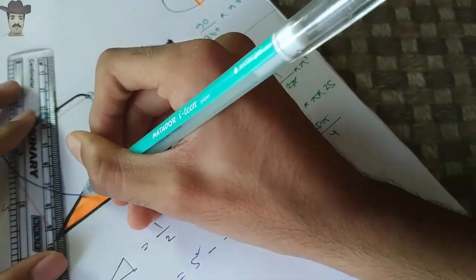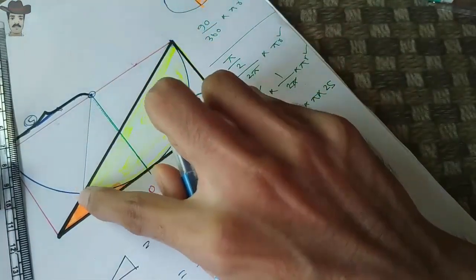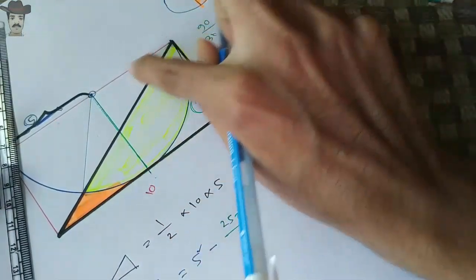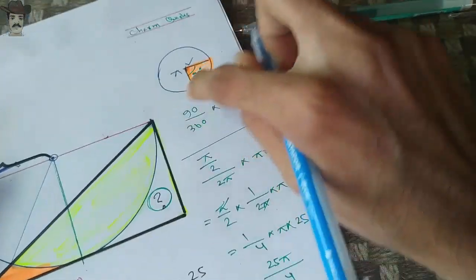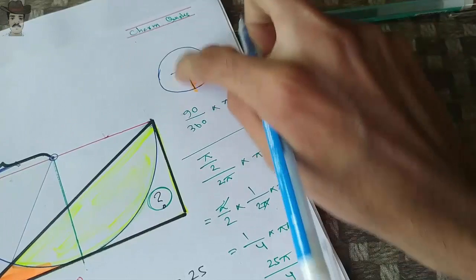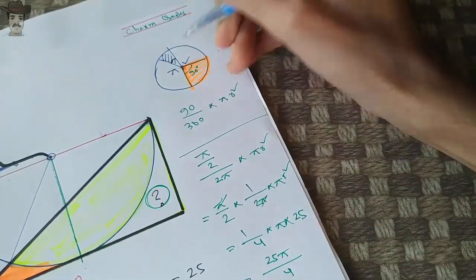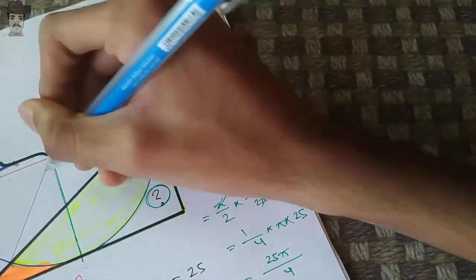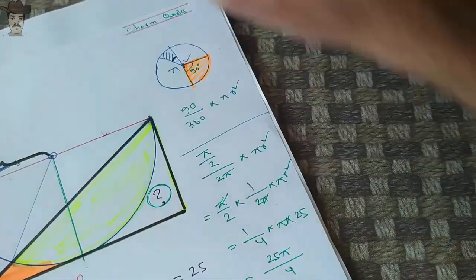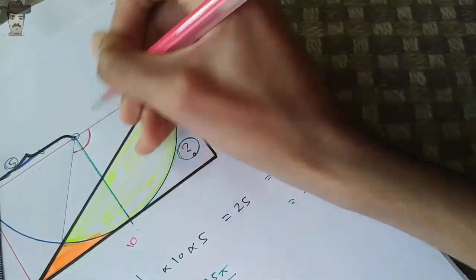If we connect these two, then this will be a circular sector. And we already know how to derive the area of any circular sector from a circle by knowing this angle. So now we obviously have to find out this angle.